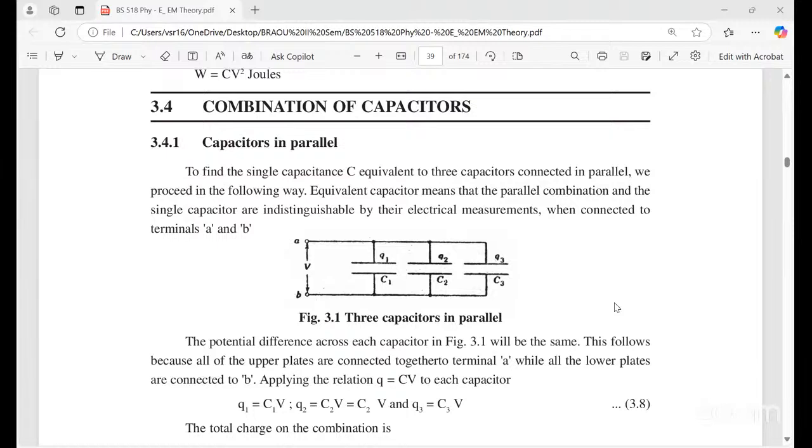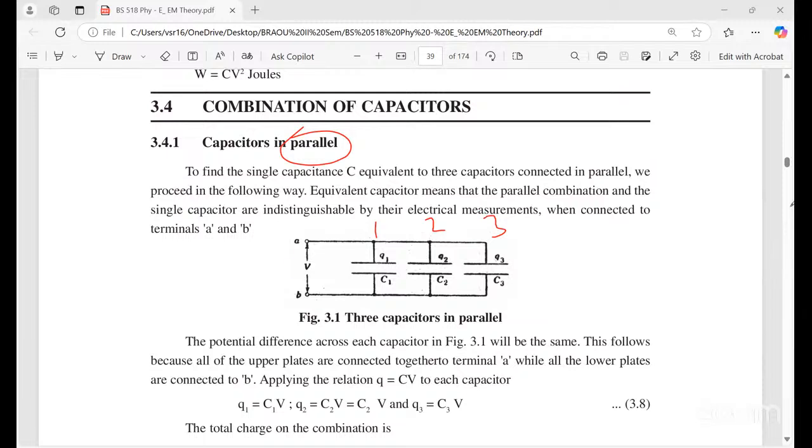So to find the capacitance here from this figure, capacitors which are connected in parallel. This is the first capacitor, this is the second capacitor, third capacitor.